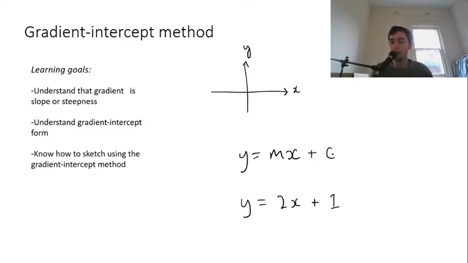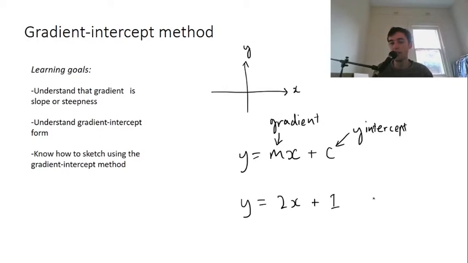This c over here matches up with the 1, and the m matches up with the 2. So the c is the y-intercept of the line, and this m is the gradient.